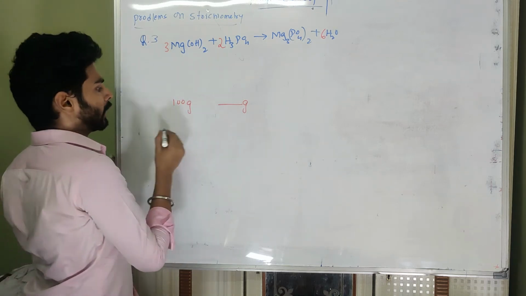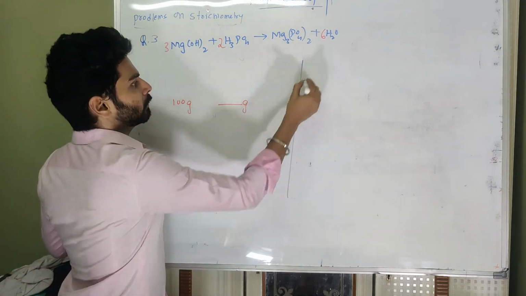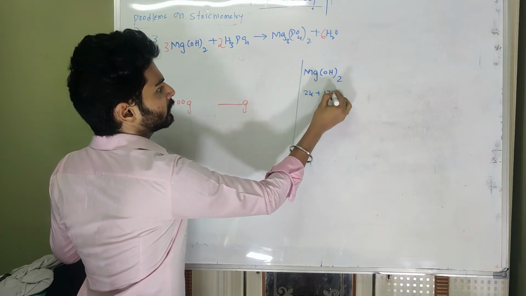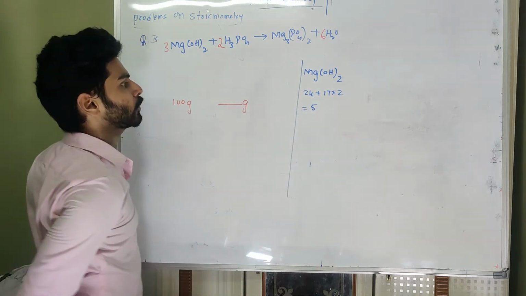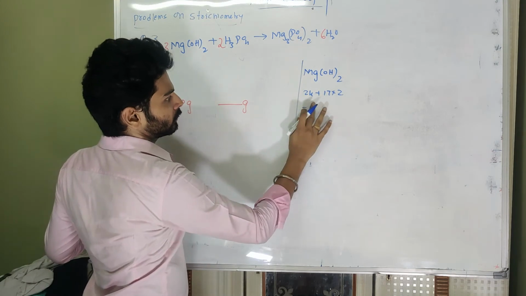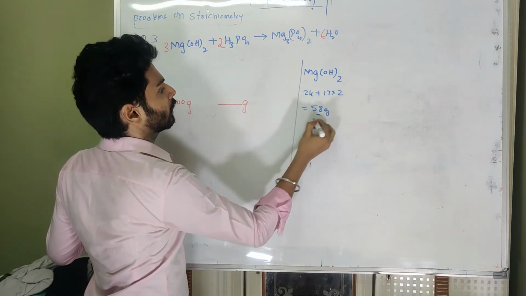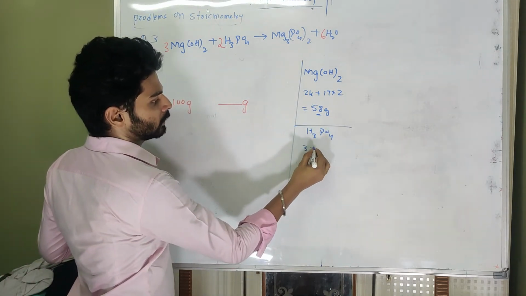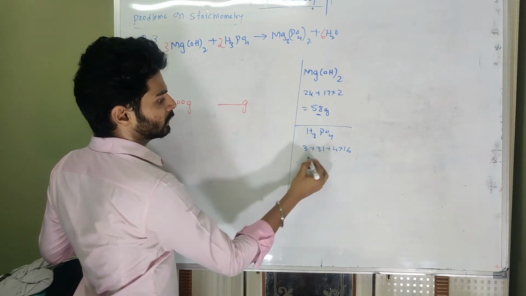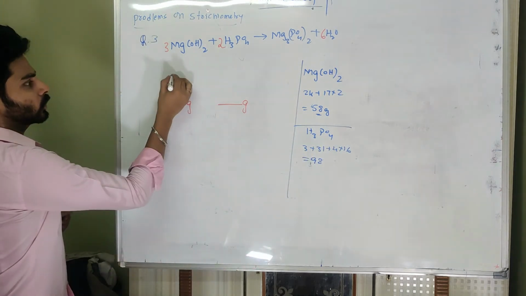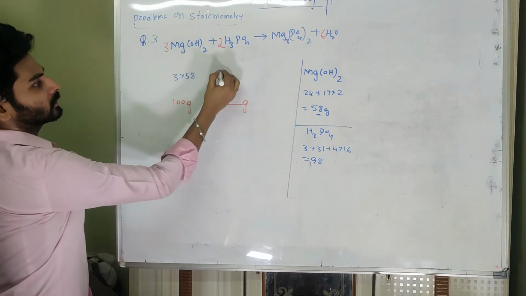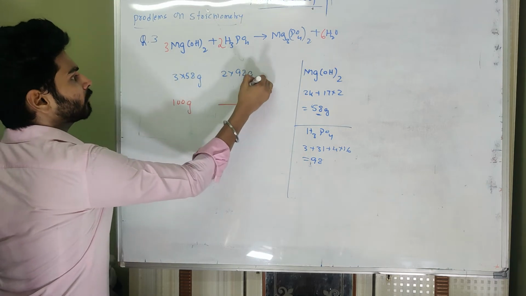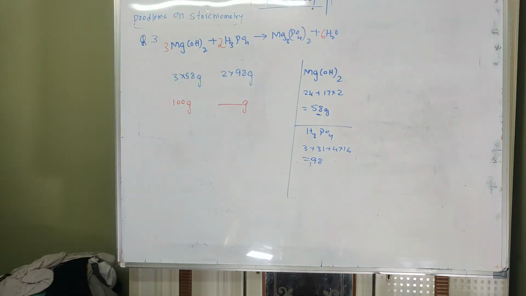So first we calculate the molecular mass of magnesium hydroxide: 24 plus 17 into 2, this is 34, 58 grams. And phosphoric acid H3PO4: 3 plus 31 plus 4 into 16, that is 98. So 3 into 58 and 2 into 98 is the amount of reactants needed in stoichiometric ratio.